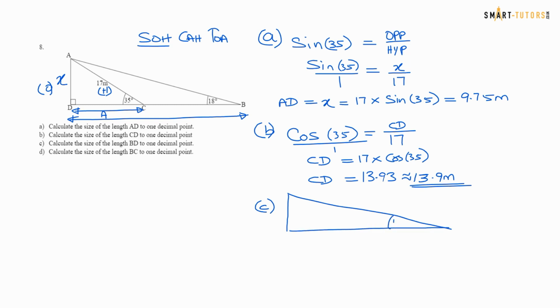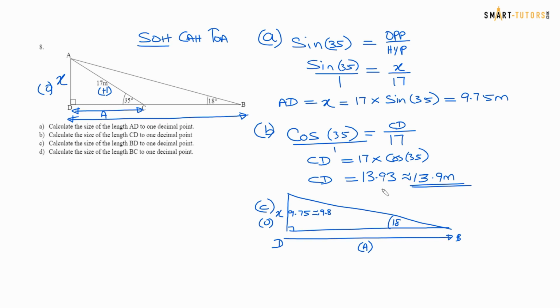So this is now 18 degrees and this is X and this length is BD. X is, we already know, 9.75. If you want to approximate that one, it is 9.8. I keep it as 9.75. Now 18, this is the opposite side and this is the adjacent side.